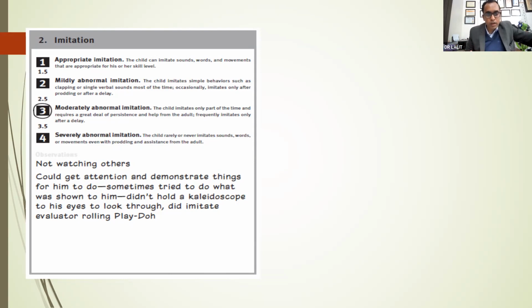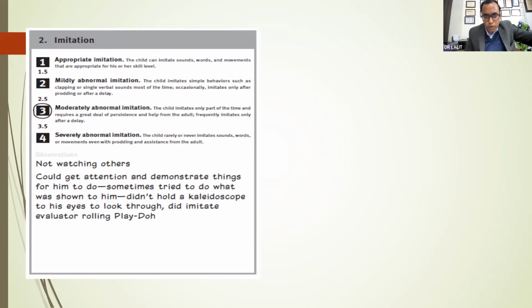For this child, the score will be 3 because he does imitation in 50% of the cases, but those imitations are with a delay, and he requires strong, substantial prompting, support and encouragement to do that. That is why the score comes out to be 3. Why is it not 2? Because a child scoring 2 imitates simple behaviors such as clapping and single verbal sounds most of the time, and only occasionally imitates after prodding or after a delay.